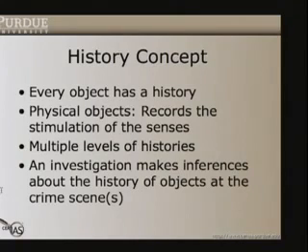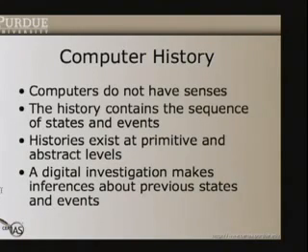So the question is, what is the history of a computer? Because computers don't really have senses as we do. The basic argument in this work is that the history of a computer is the sequence of states and events that have occurred in the system. This is a theoretical notion, and it doesn't always get recorded each time, but the sequence of events that occur in the computer is its history, and it's what we want to determine with the investigation.